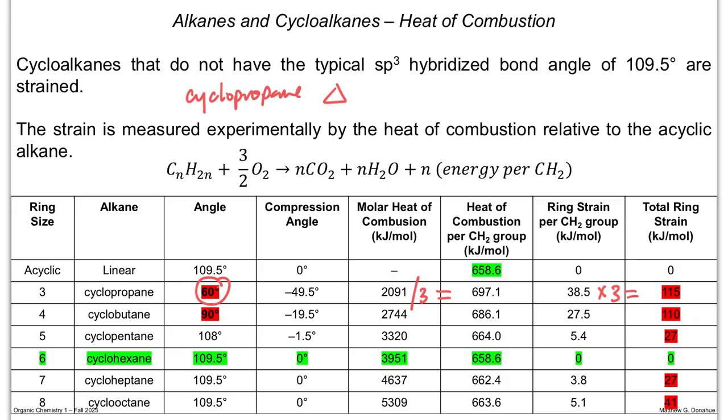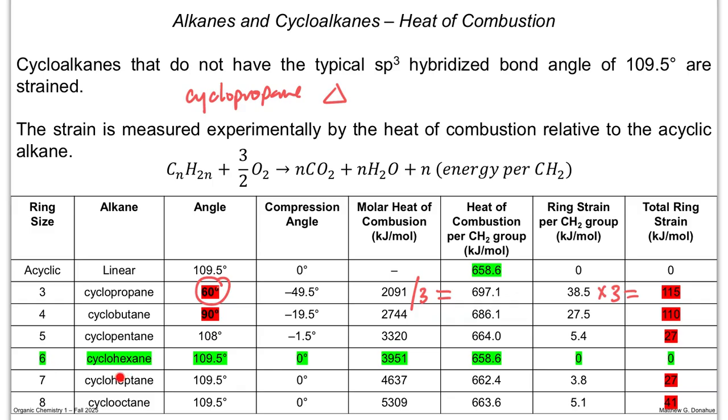So nowadays, people study this in research. It's strain release reactions. So if you follow that logic down for C4, C5, you'll see they're still in red. But this case here that's in green is cyclohexane.